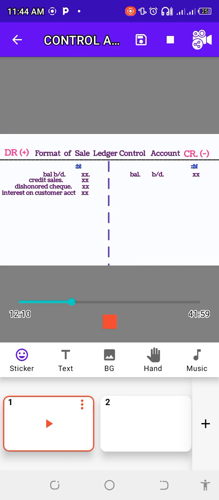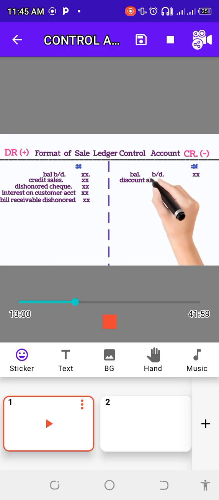Customers that bought on credit and did not meet the payment terms of the stipulated period may be charged interest, and that interest will increase the total debt. Another thing is bill receivable dishonored. Bill receivable dishonored is likened to a check dishonored.